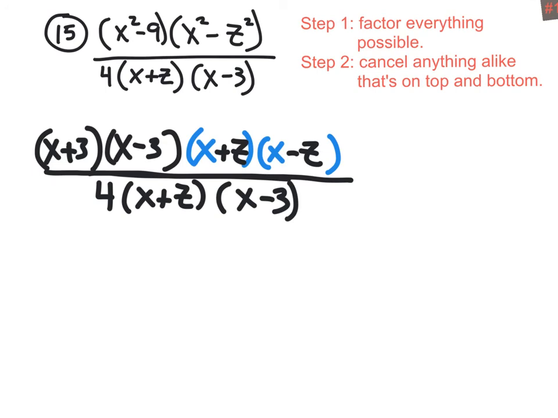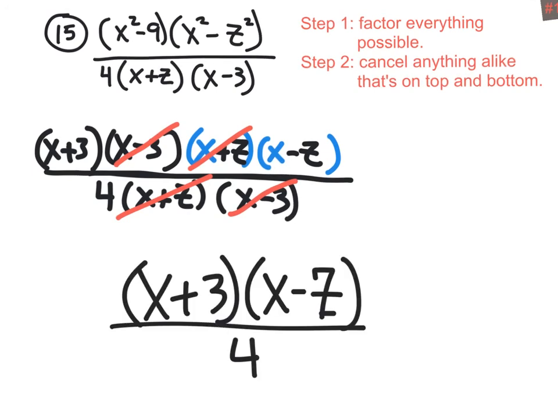On the top we have an x minus 3, and on the bottom we have an x minus 3. On the top we have an x plus z, and on the bottom we have an x plus z. There is no 4 up on top, so we're just going to rewrite this, and that's our final answer. There it is, x plus 3 times x minus z over 4.